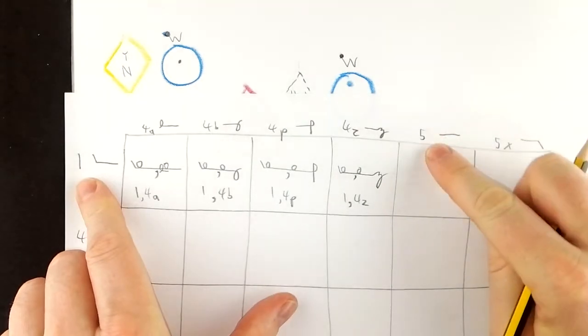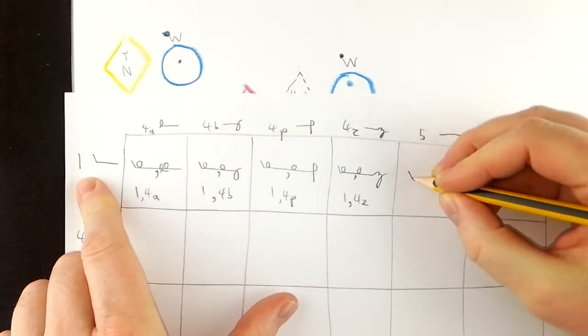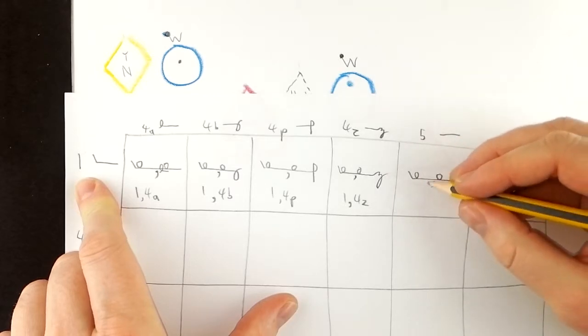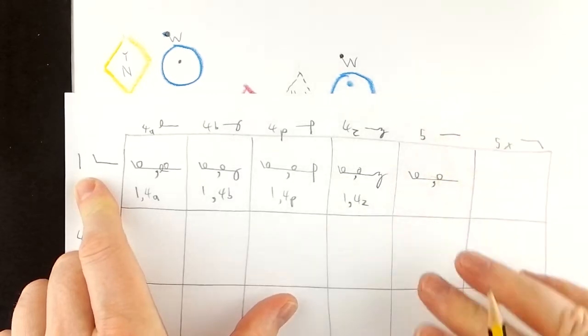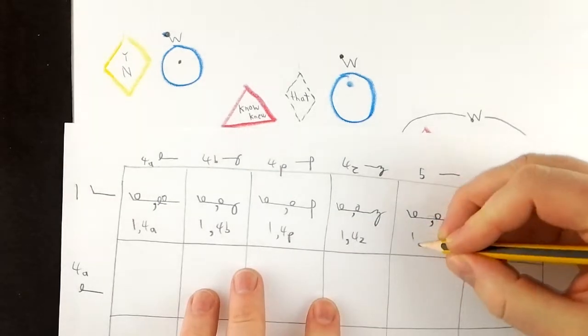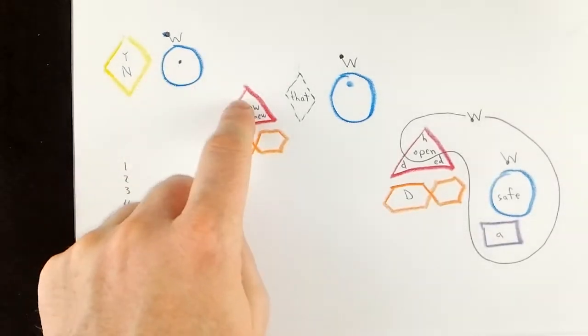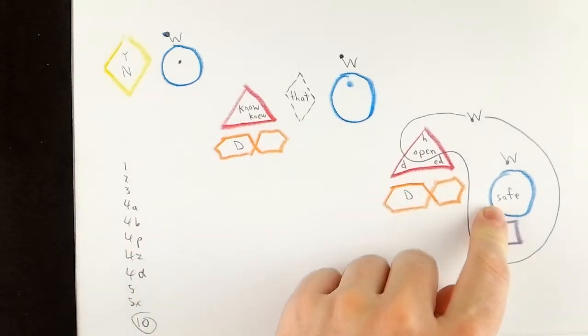Let's do 1, 5. This means no. Number 1, 5. Did they know he opened a safe?